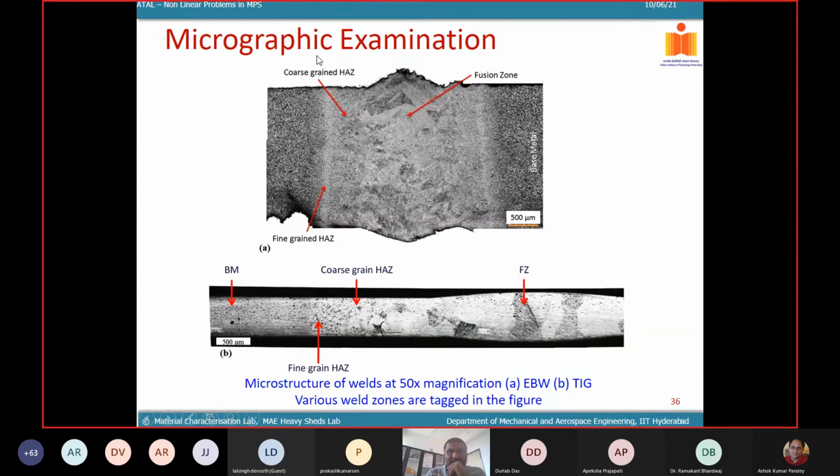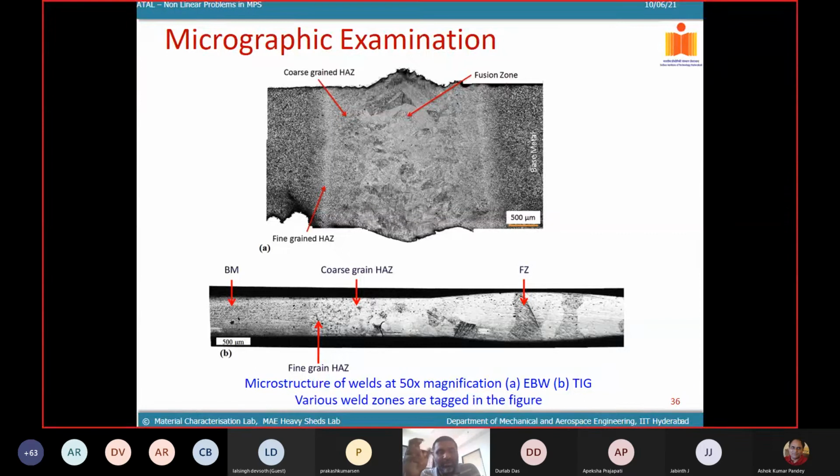And this is the microscopic examination. You have a fine-grained HAZ, and you look at the cross section of the weld, and you have a coarse-grained HAZ. Coarse-grained means your grain size would be bigger because you are pumping in heat energy.